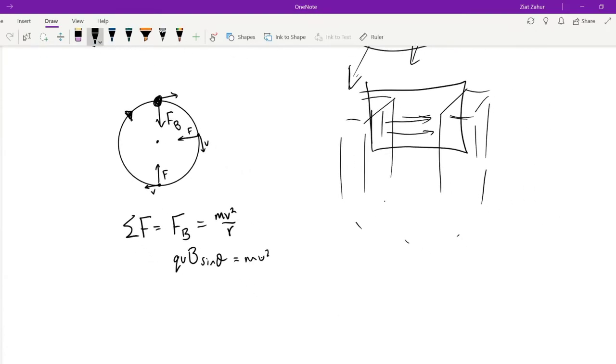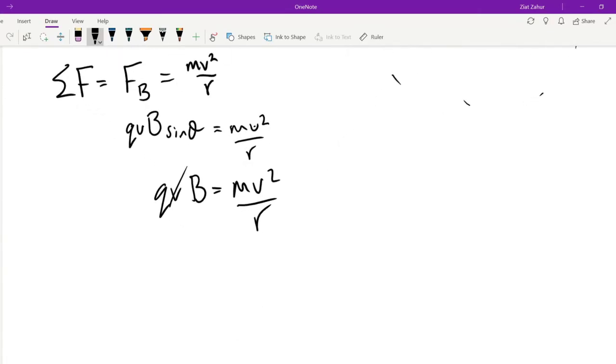So we can just ignore the sine of theta. So qvB must equal mv squared over r. One of the v's cancels. This gives us the formula for radius. So the radius must be equal to mass times velocity divided by charge times magnetic field.